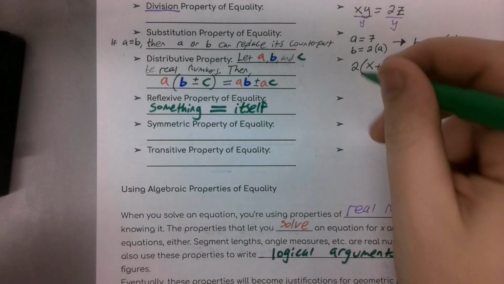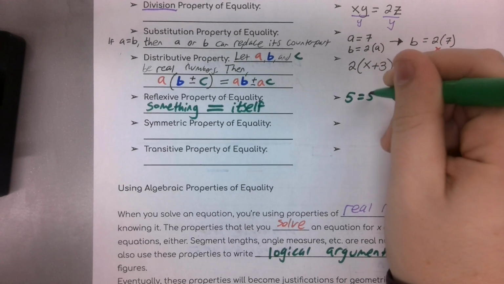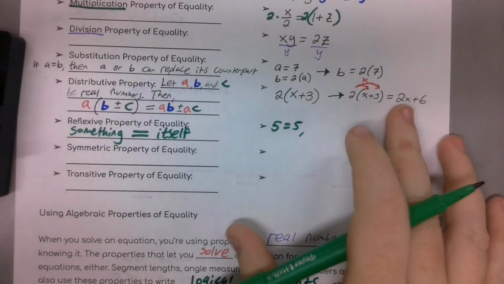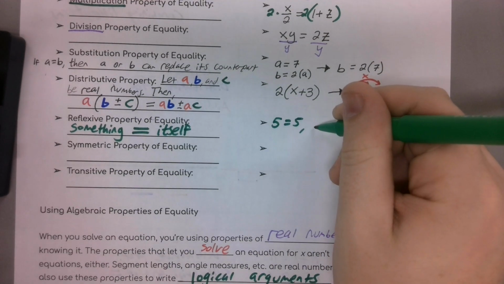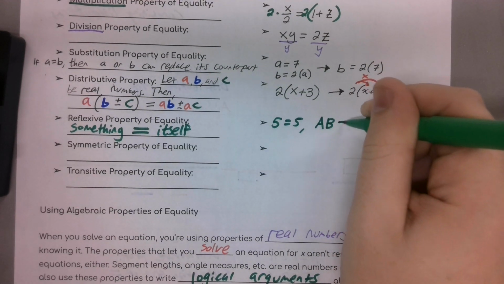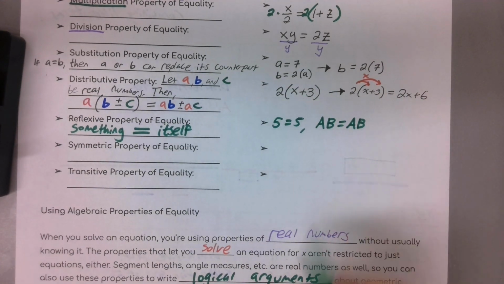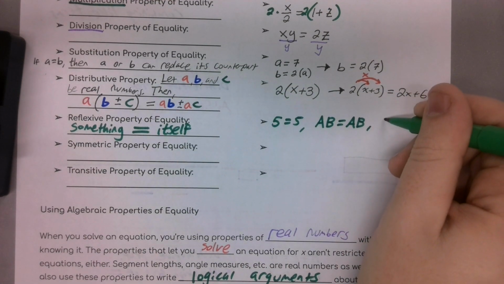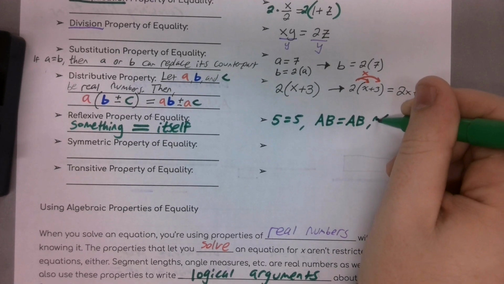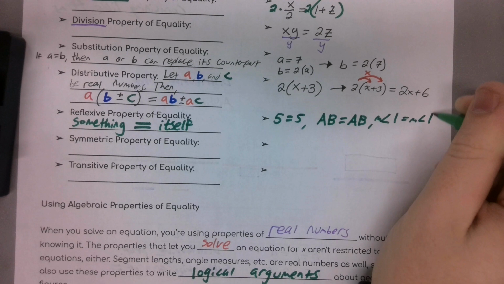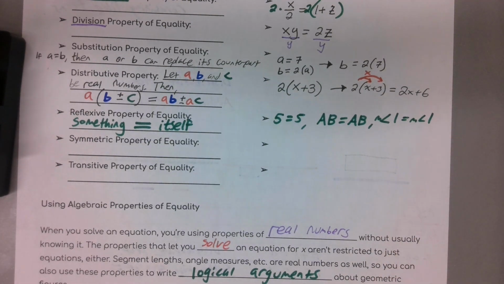So, for instance, 5 equals 5. They're the same thing, so that's reflexive property. It could also be something like a line segment. The length of AB is equal to the length of AB. Or even, the measure of angle 1 equals the measure of angle 1. All of these are valid uses for the reflexive property.